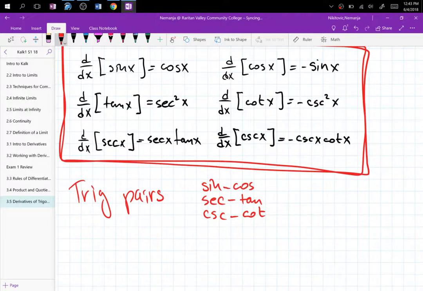And finally, just take a look that the left and the right always have the same form. The ones on the right being negative. Sine and cosine, cosine and negative sine. Tangent is secant squared, cotangent is negative cosecant squared. Right? So if you know the pairing and you know one side, the other side is going to be symmetric. So I hope you see all of these connections.